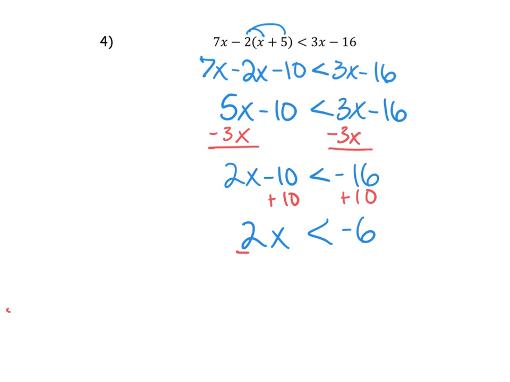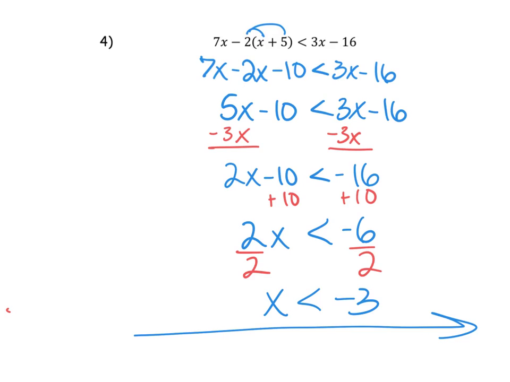Last step is to divide both sides by 2. X is less than negative 3. Good. So to graph that, I'd make my 0 and my negative 3, less than, open circle, left. Good.